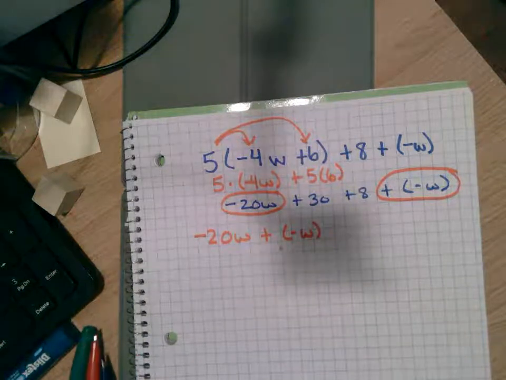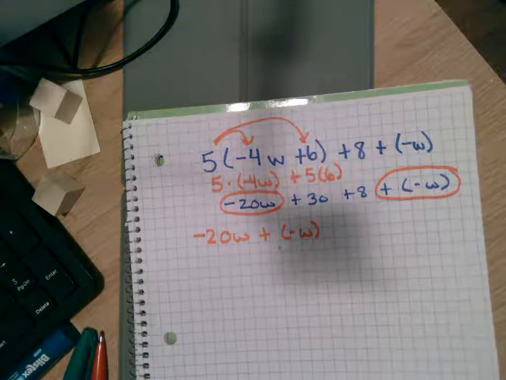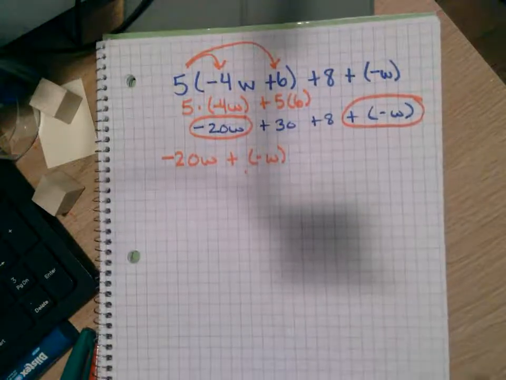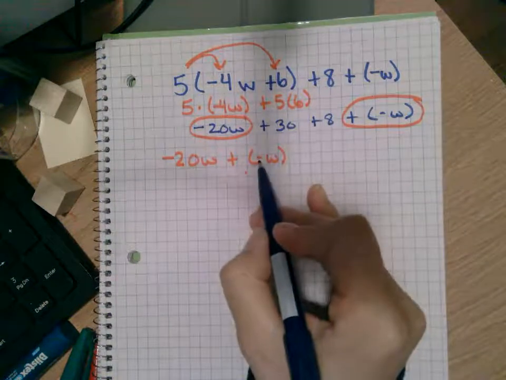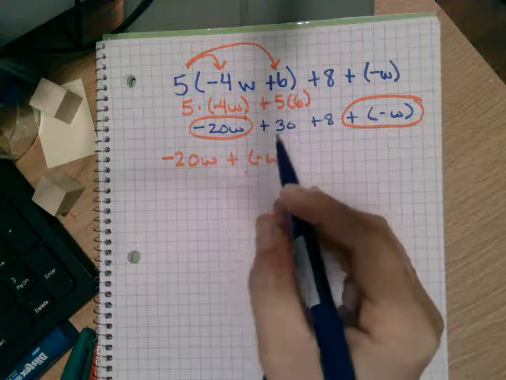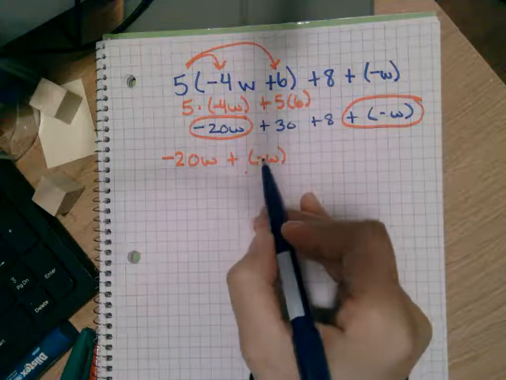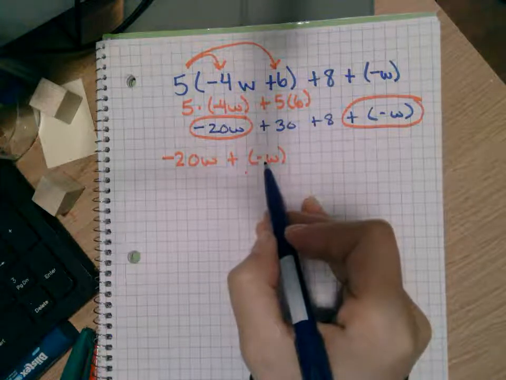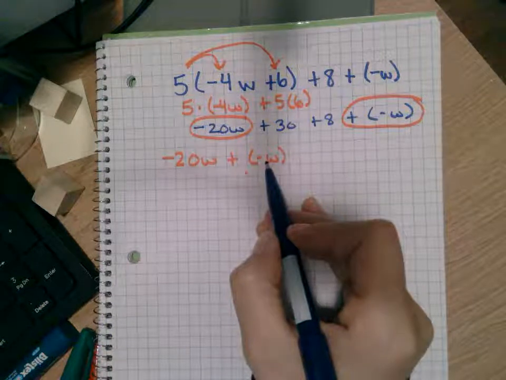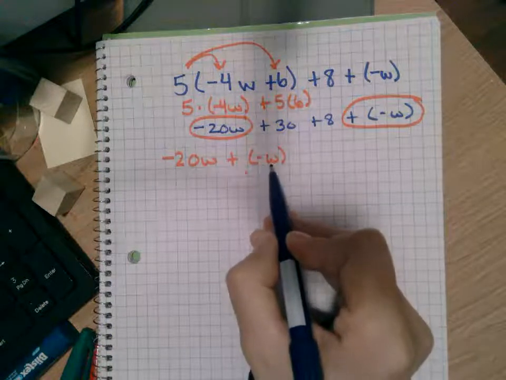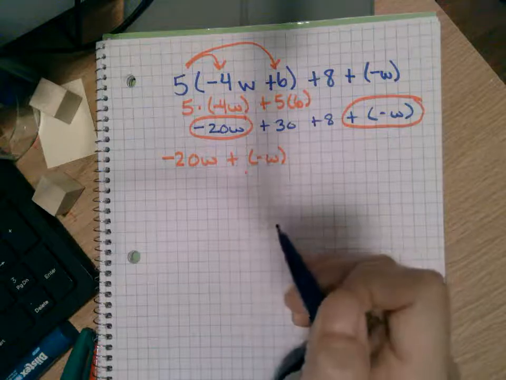All right, so right here, see negative w? Does anybody know what number is between the negative and the w? It's invisible, but it's there. What number is in front of the variable, in between the negative and the w?